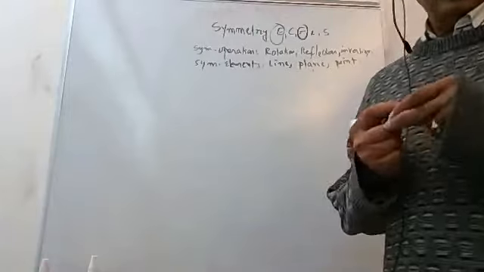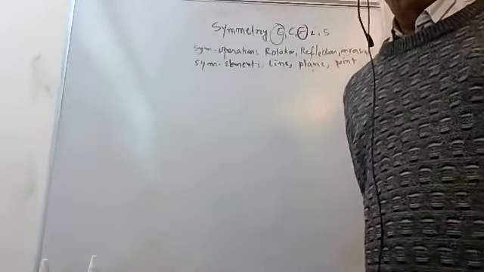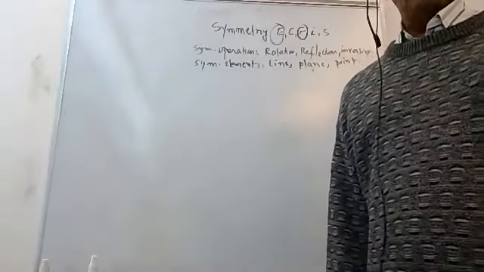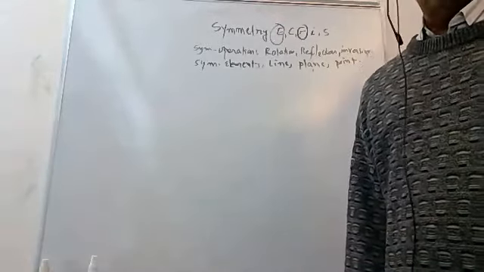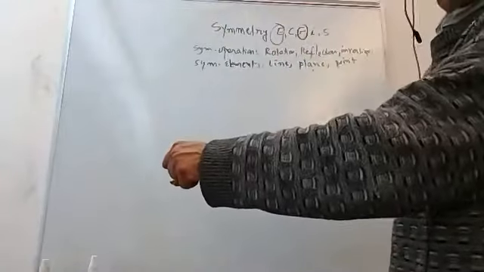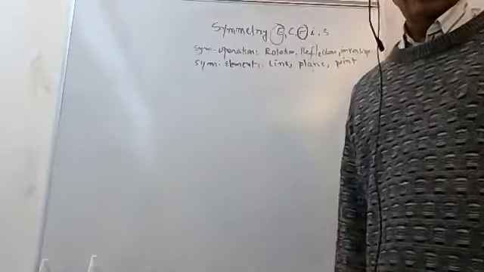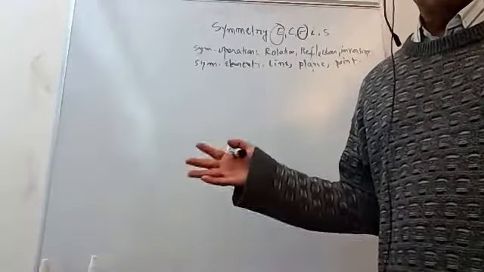A molecule is said to have a reflection plane if you draw a perpendicular from any atom in the molecule to the plane and extend it to the other side of the plane by the same distance. And if you encounter a similar atom, then we say it has a plane of symmetry.